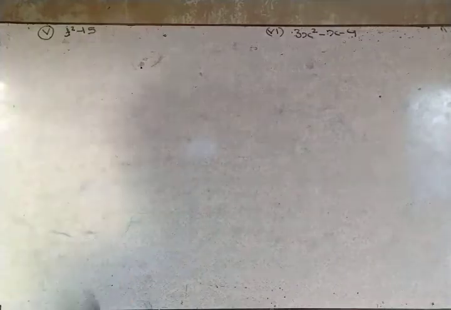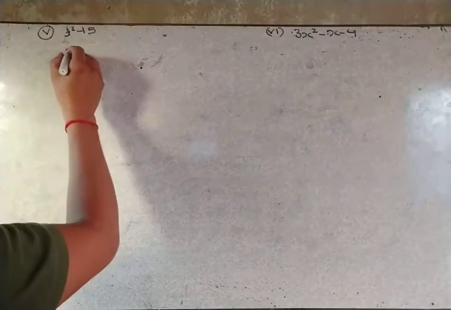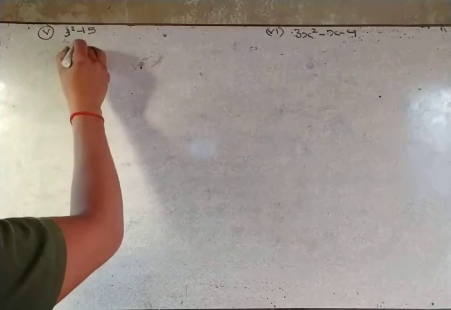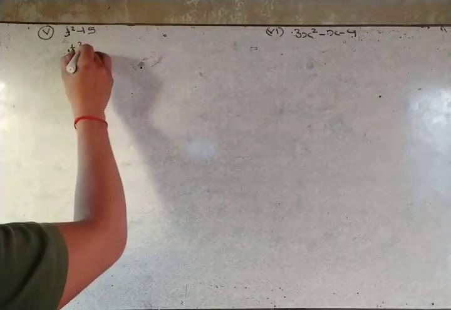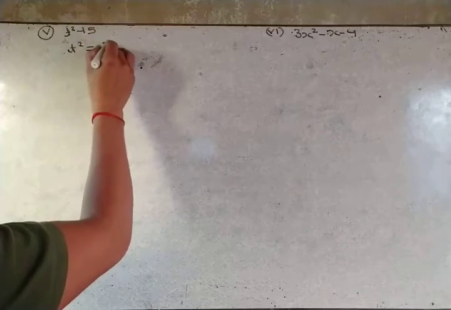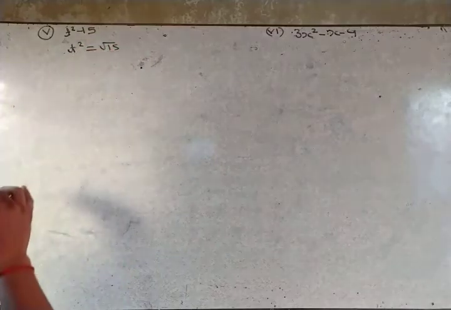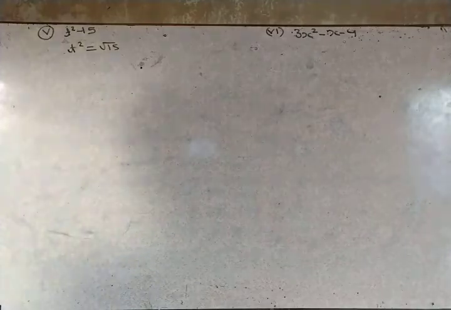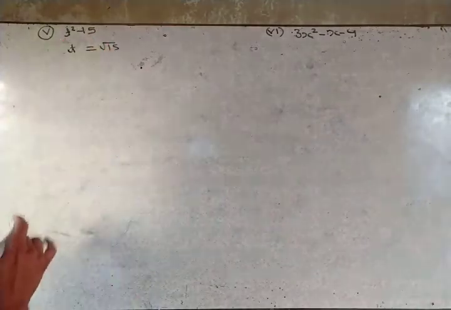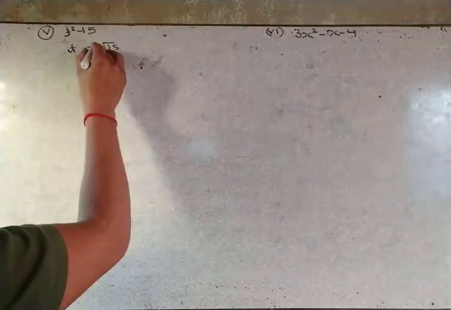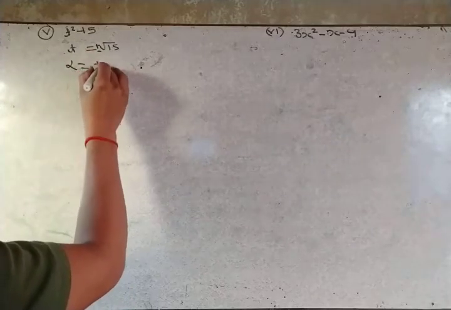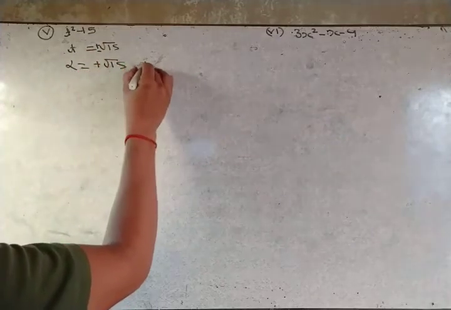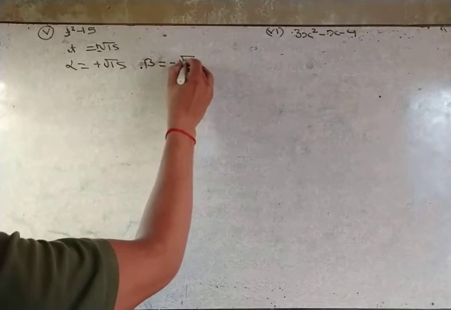T is given and c is given. So t square, put it equal 0, then you will get t square is like this. But you can put plus and minus. Therefore, directly you can say alpha is plus root 5 while beta is minus root 5.